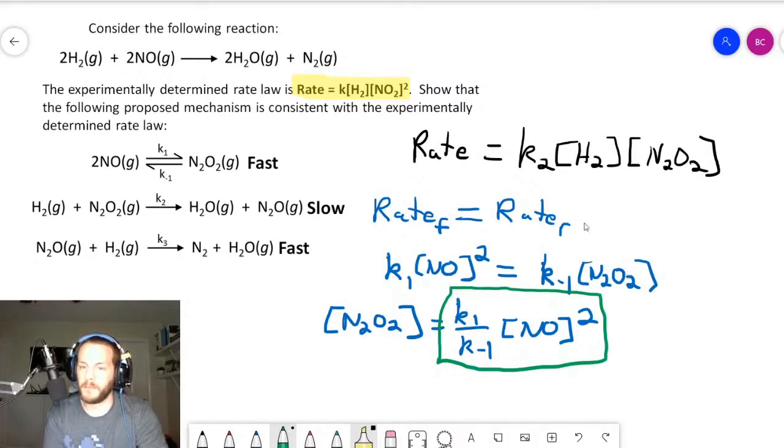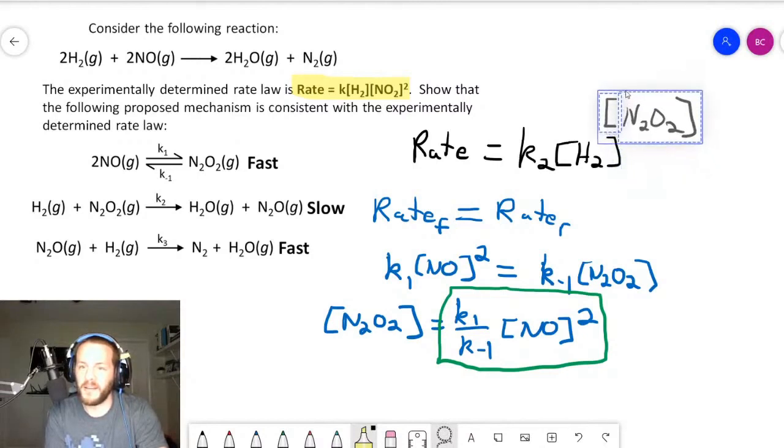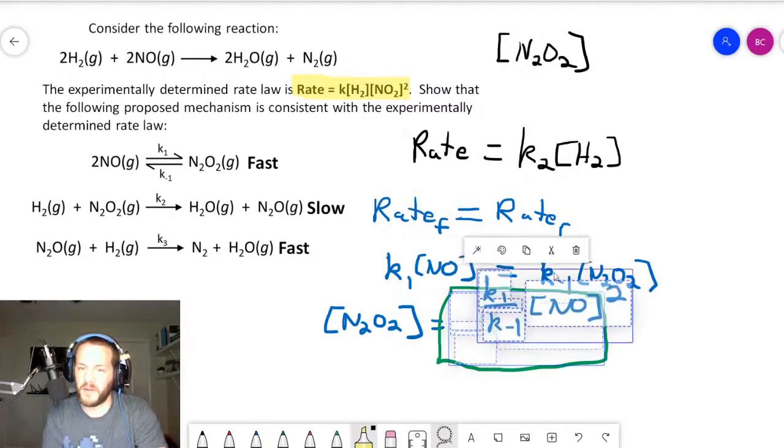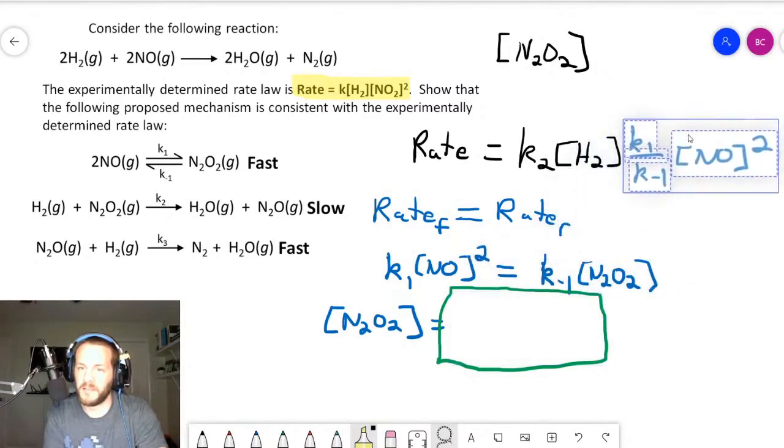So if we take that, I'm going to try to get fancy here. If you guys will bear with me. Okay, so here we go. All right, so I'm going to lasso this N2O2, and I'm going to drag it away, and I'm going to take this expression, which is equivalent to the concentration of N2O2, and I'm going to drag it in and substitute it right there.